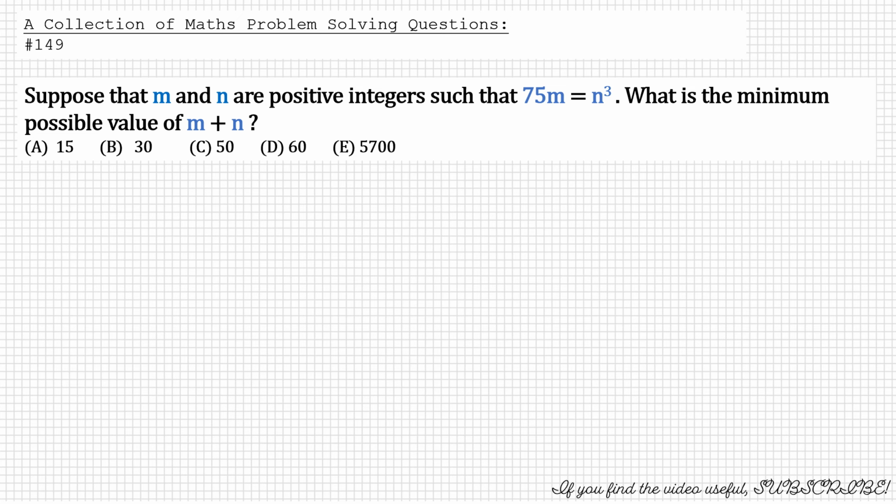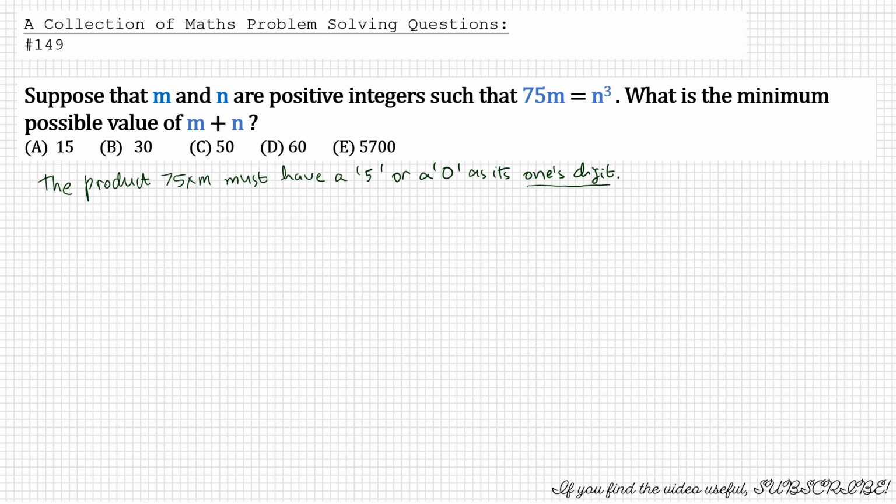So I will just write it down that the product 75 times m must have a 5 or a 0 as its ones digit.